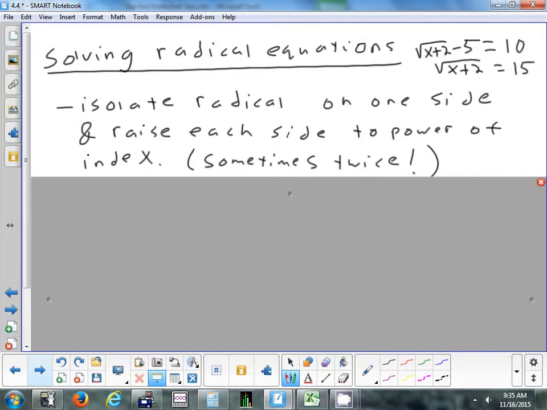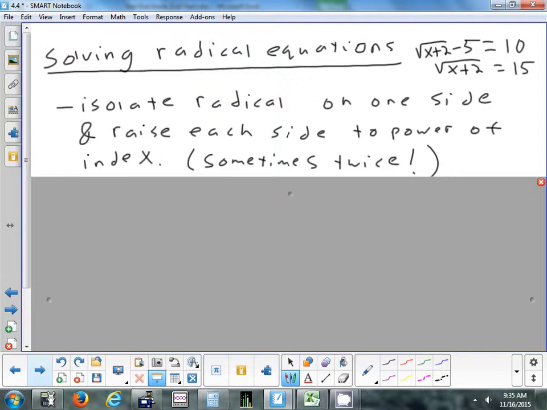And then you want to cancel the radical out. So in this case, if I'm square rooting, I'm going to cancel it with a power of 2. I'm going to square. In this particular problem, I would square each side, and I'd have x plus 2 equals 225. And then my last step would just be minus 2 from both sides. So the answer here would be 223.